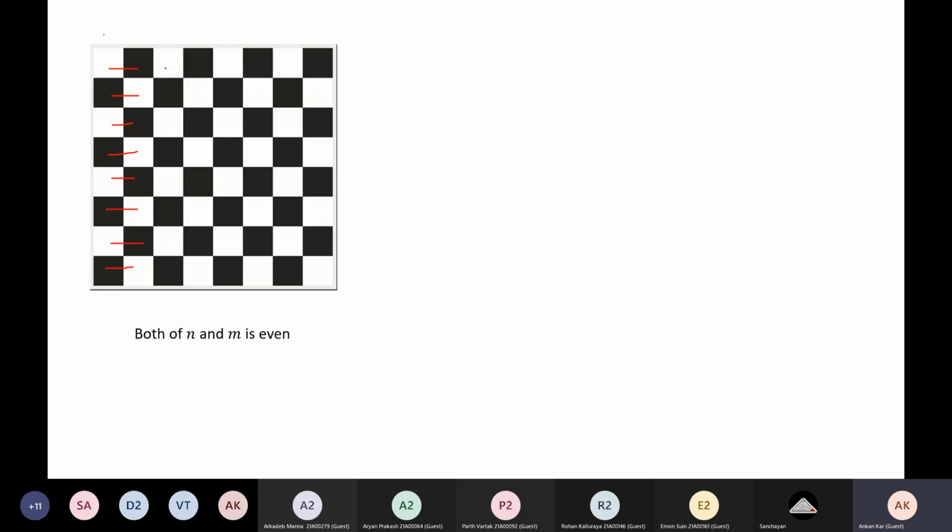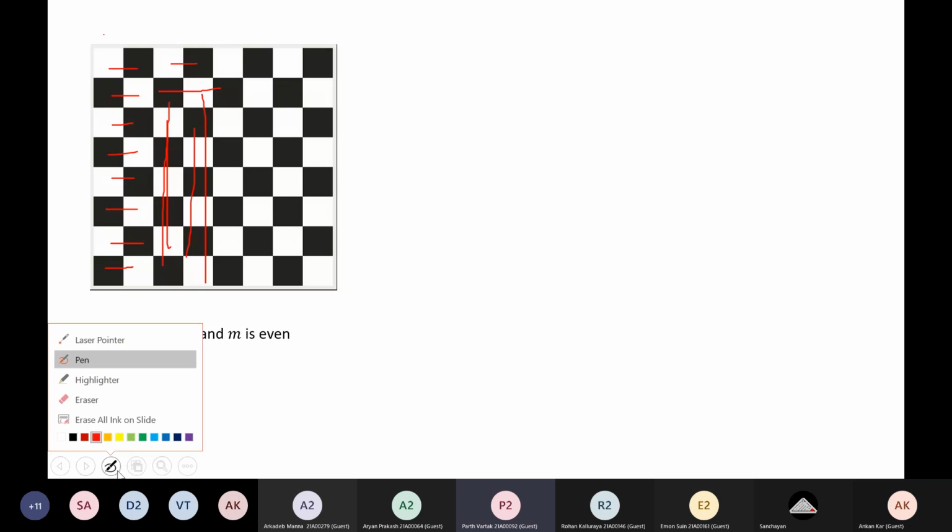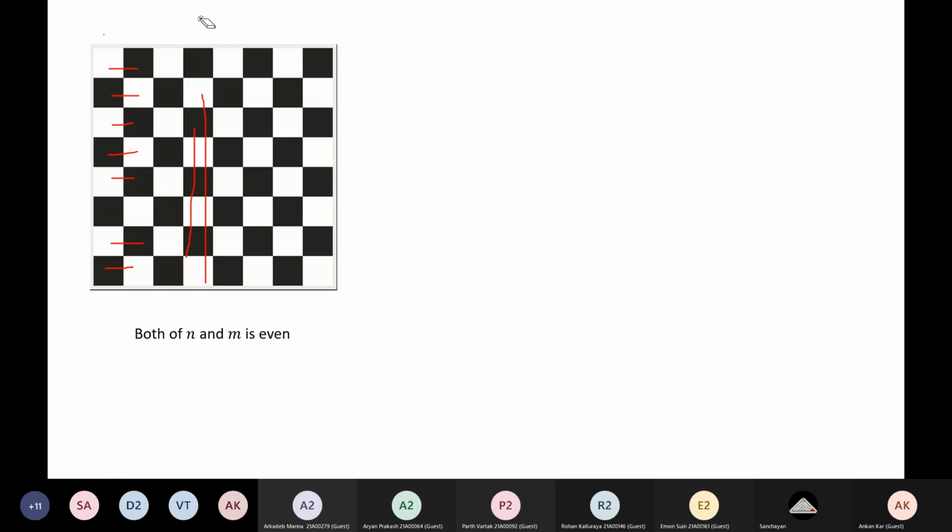Then you put another domino here, and if k is odd, putting it like this you will get one row odd, and if k is even, you will again get even rows. So you can put the rest vertically. That's why k must be even. This is actually the shifting procedure.